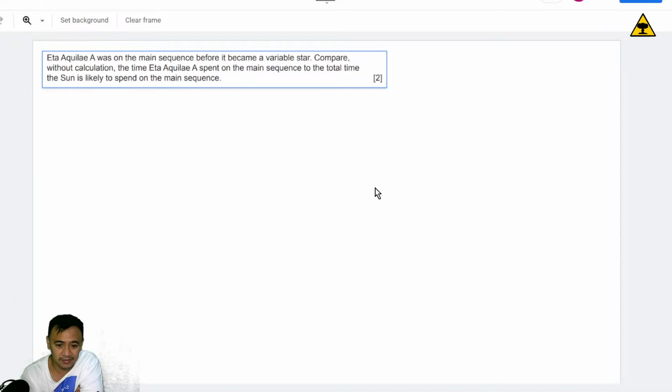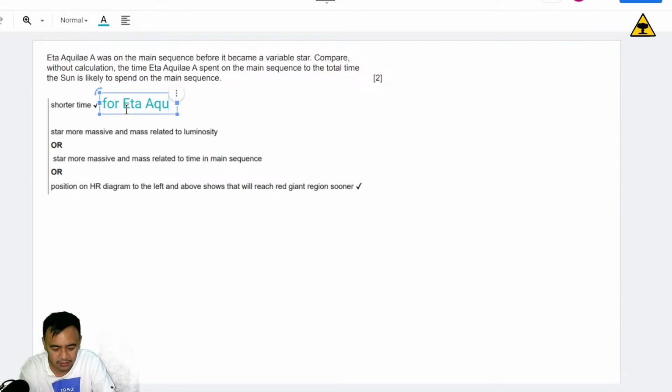I'll just put the mark scheme here. The first one, as you said, is that Eta Aquilae A will be shorter. It will spend less time in the main sequence.